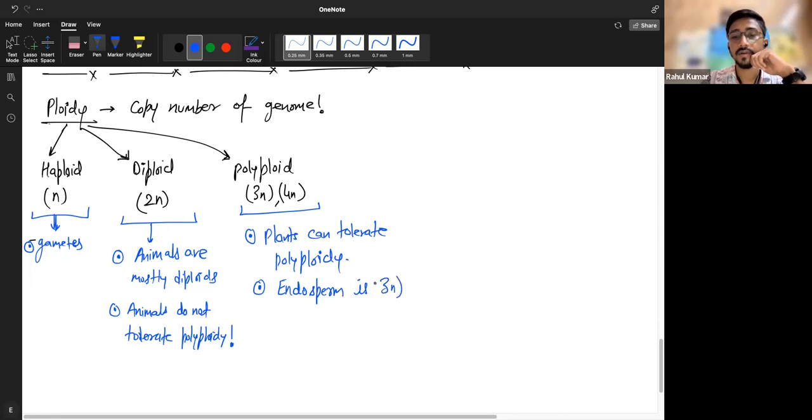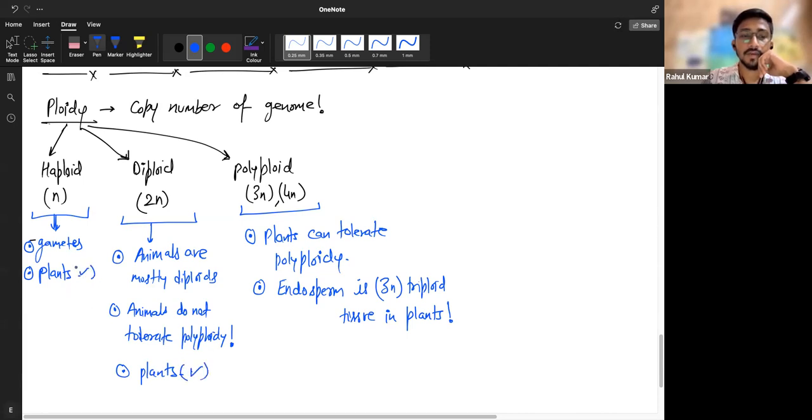Endosperm is a triploid tissue, 3n, and it is present in all the seed producing plants. So plants can tolerate polyploidy. In animals, only gametes can be haploid and their body has to be diploid. In plants, plants tolerate haploidy also. Plants can be haploid, diploid, and polyploid.